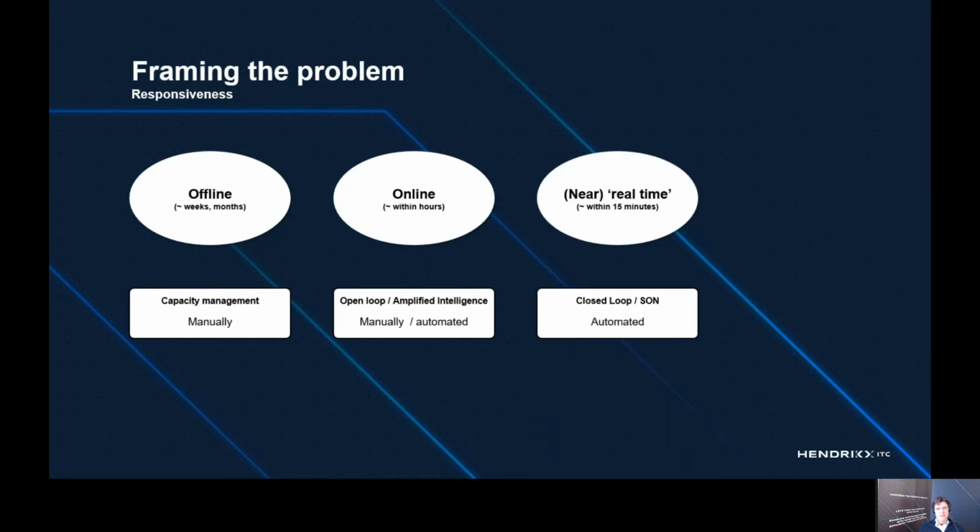And then you have the near real-time congestion preventing situation. And then you're talking about SON closed loop solutions. The first one, capacity management, is quite traditional. Operators are doing this for years and years. So that's nothing new under the sun. The online traffic congestion prediction scenario is a bit new. It is to do with data science and also exploring network behavior.